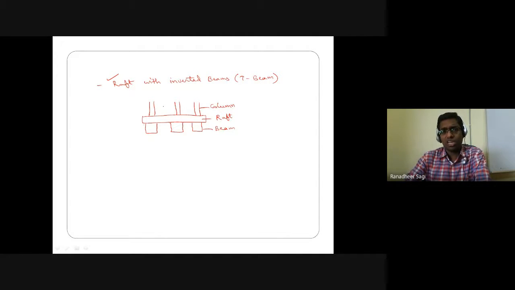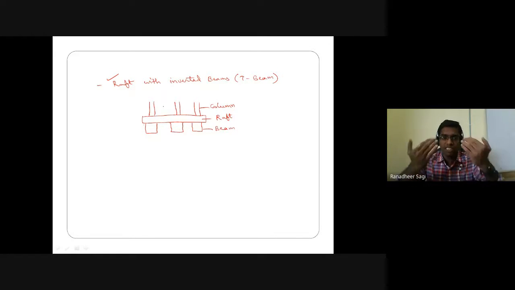And likewise, you'll also have different other types of rafts in the literature or in any of the standard textbooks. Depending on your requirement in the construction, people go on to use different types of raft foundation. They might have some pedestals constructed. For example, load comes from the column, gets distributed onto a pedestal, and from that pedestal, load gets redistributed onto the raft region.